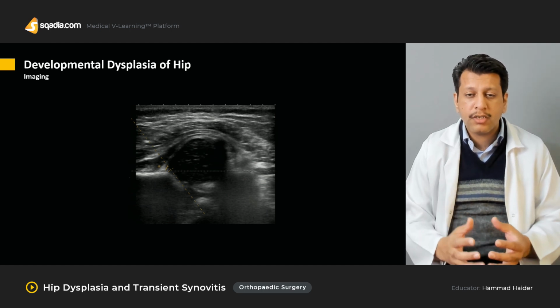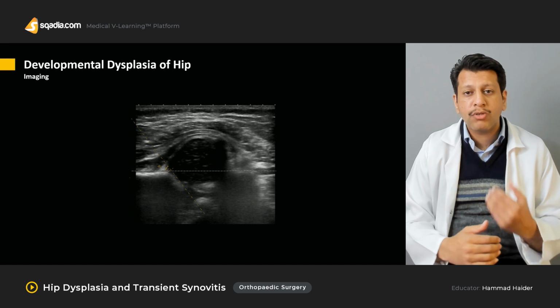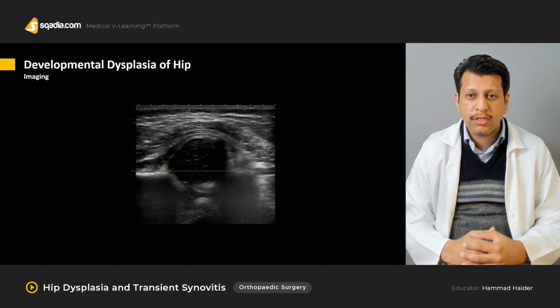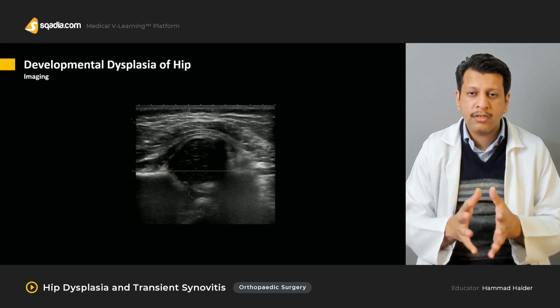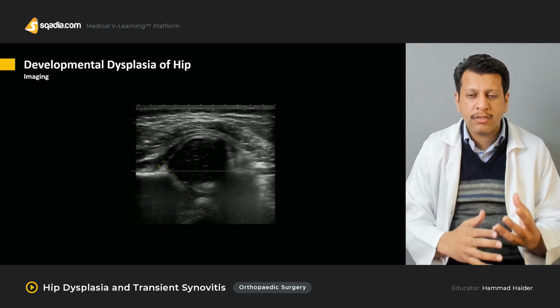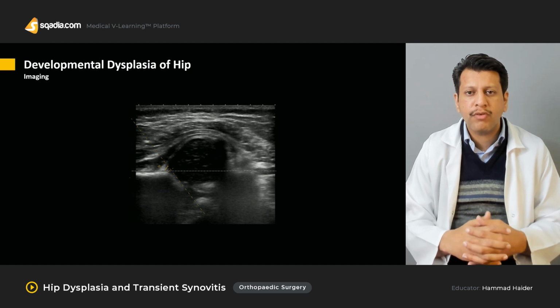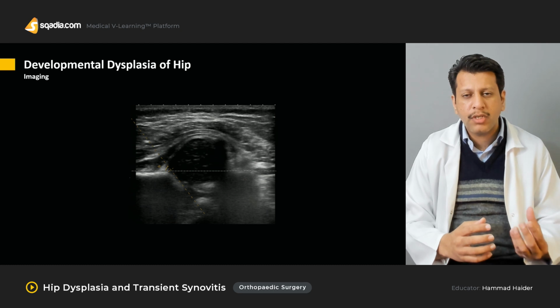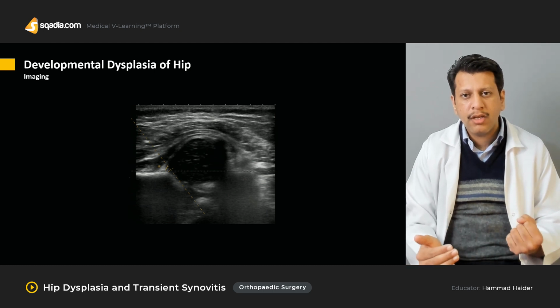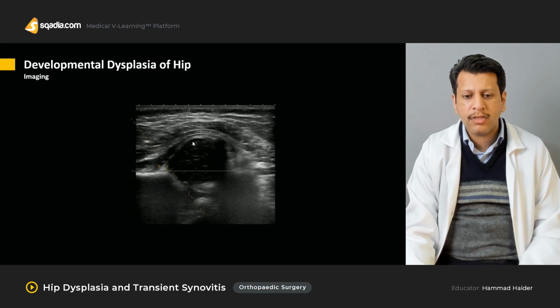And how this ultrasound is actually done, that musculoskeletal radiology is a specialized field, and they specialize in making the radiographical evaluation of the musculoskeletal disorders. And what they do is that the probe is actually placed lateral to the femoral head, and this is actually the view which you see over there. There is a calculation of alpha angle, and then there is calculation of beta angle.